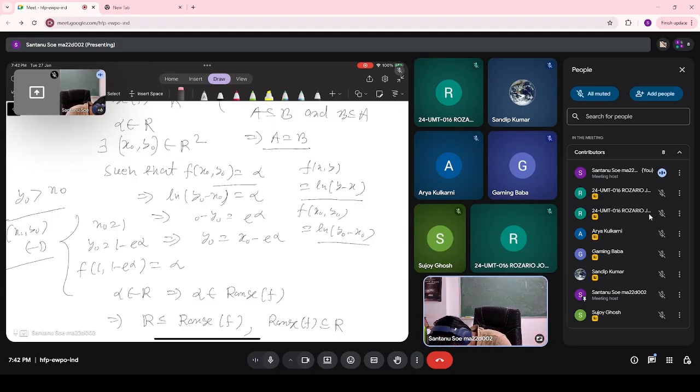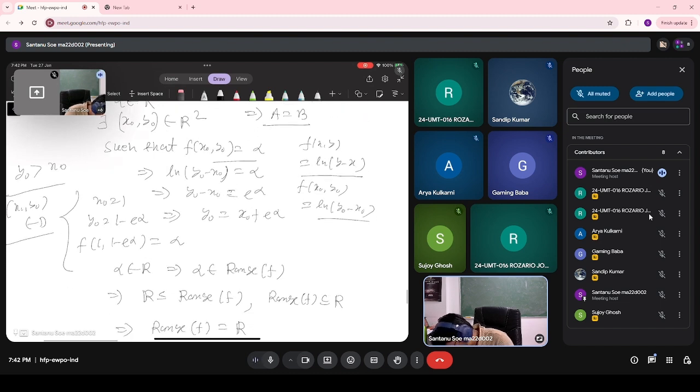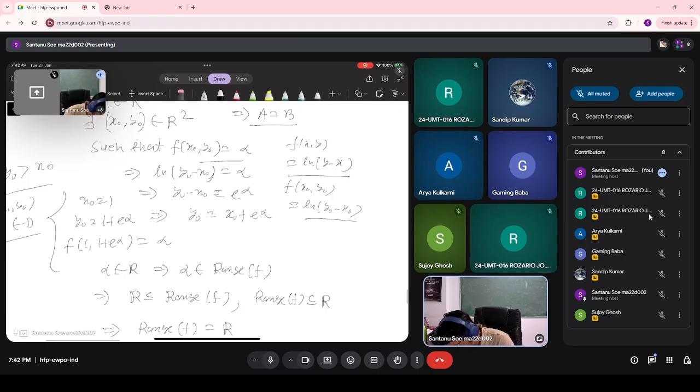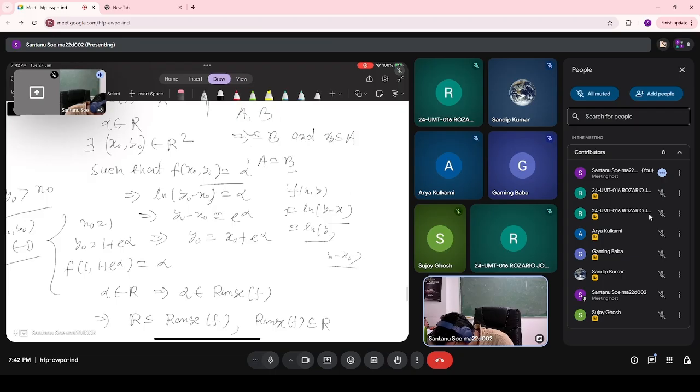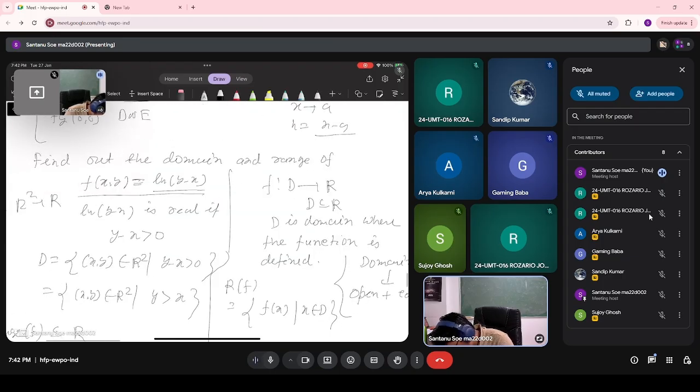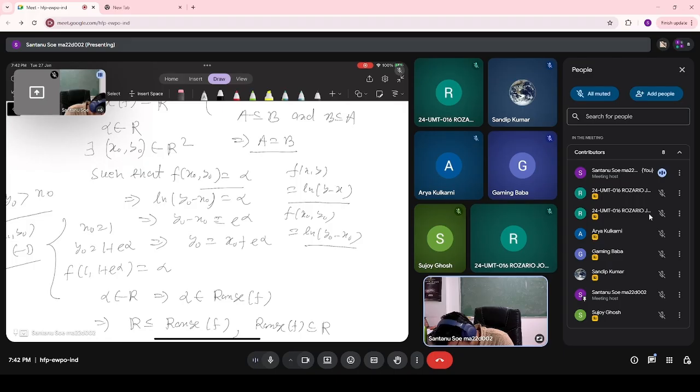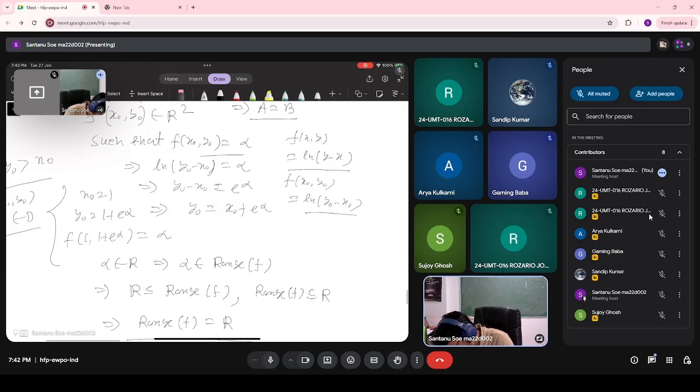The function is given as ln of y minus x, so this will be ln of y0 minus x0 equals alpha. Then y0 minus x0 is e to the power alpha, and y0 will be x0 plus e to the power alpha. If you take x0 equals 1, then y0 will be 1 plus e to the power alpha. So f of 1 comma 1 plus e to the power alpha will be alpha.